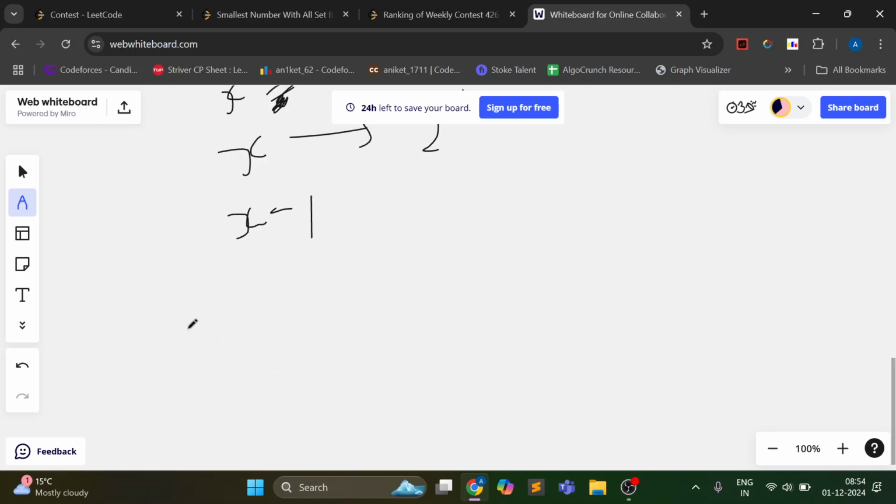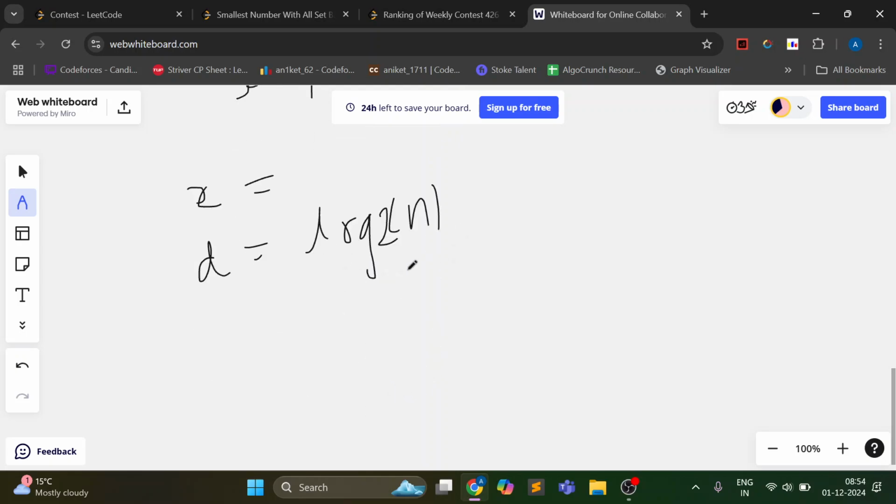So to find x, we first find let's say d, which is log 2 of n. This will return a floor value. So for 15, log 2 would be 3 point something, but this will return its floor, so 3.